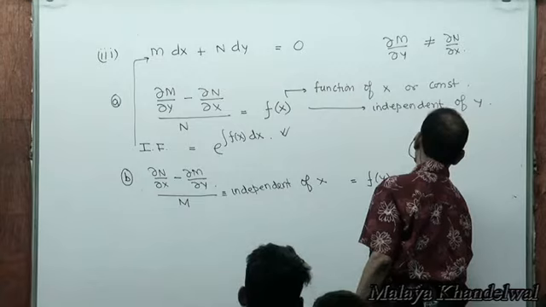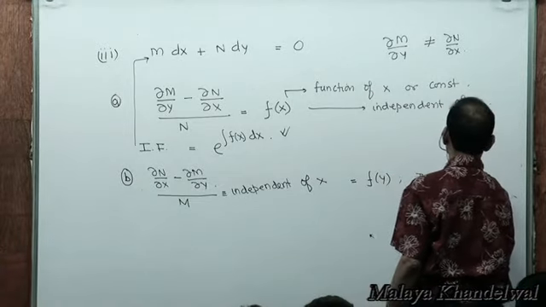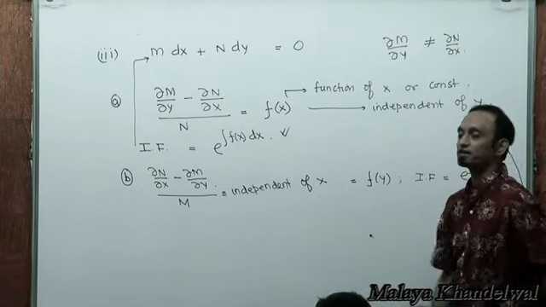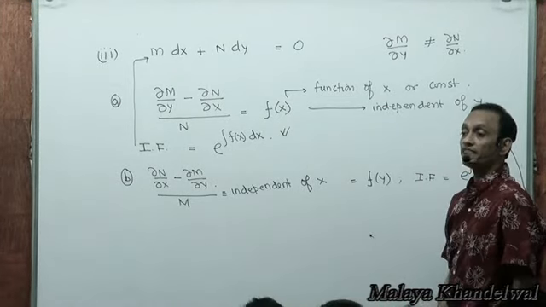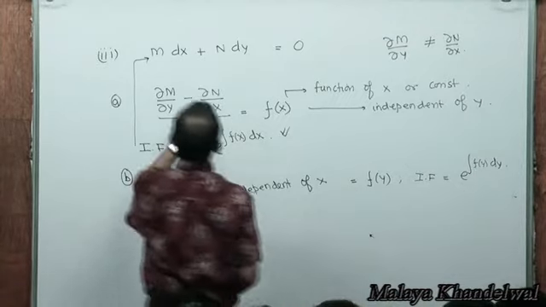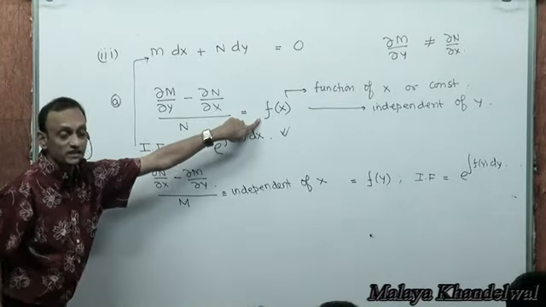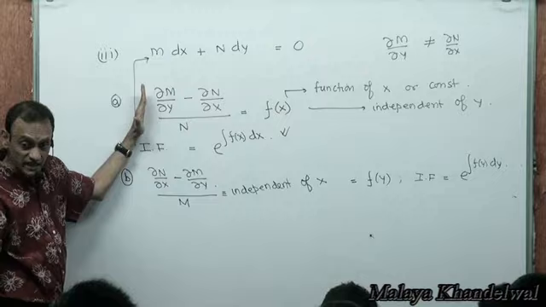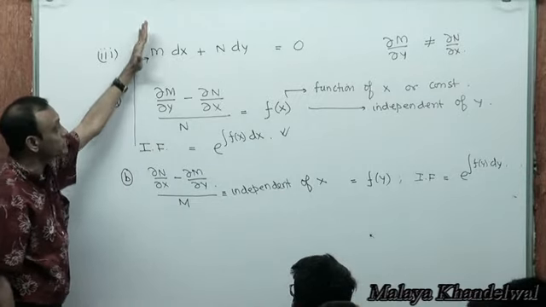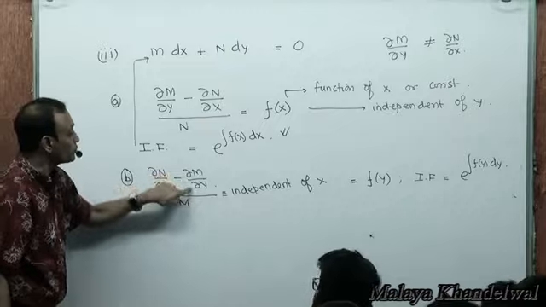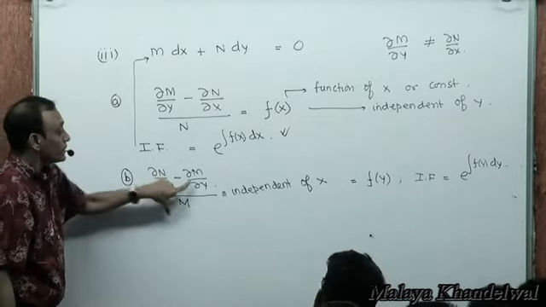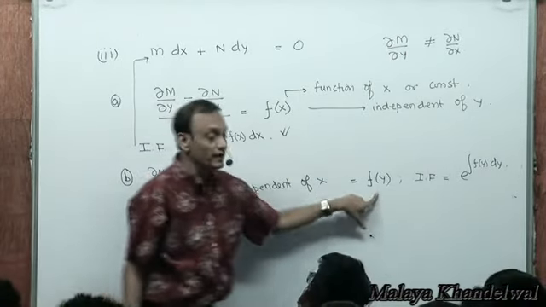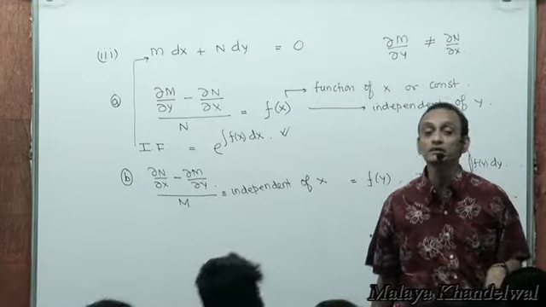Then the integrating factor for such a differential equation is going to be e to the power integral f(y) dy. If (∂M/∂y minus ∂N/∂x) by N is a function of x alone, then e to the power integral f(x) dx is the integrating factor. If (∂N/∂x minus ∂M/∂y) by M is a function of y alone, call it f(y), then the integrating factor is e to the power integral f(y) dy.